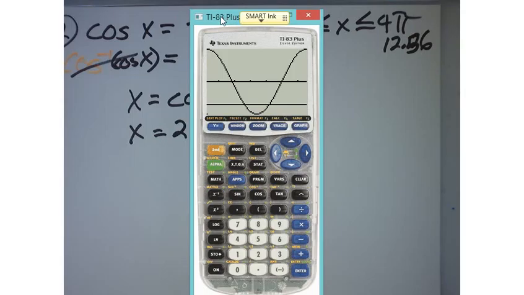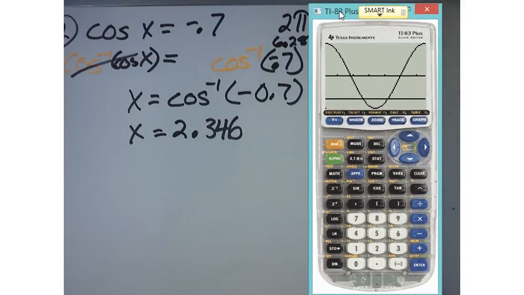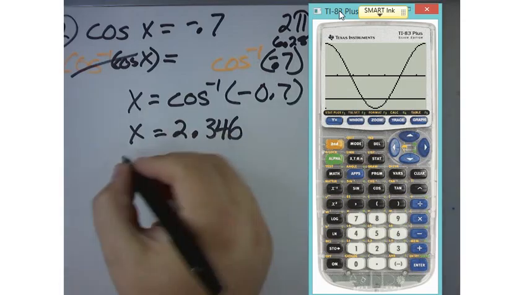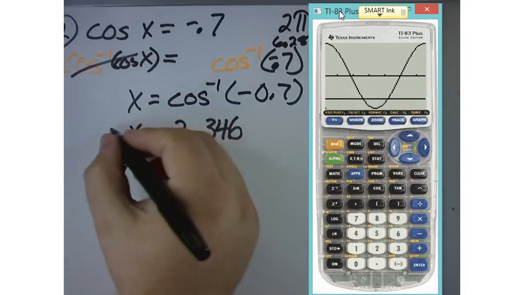Well, what is the period of cosine? 2 pi. So this is one solution, but it doesn't meet our requirements.